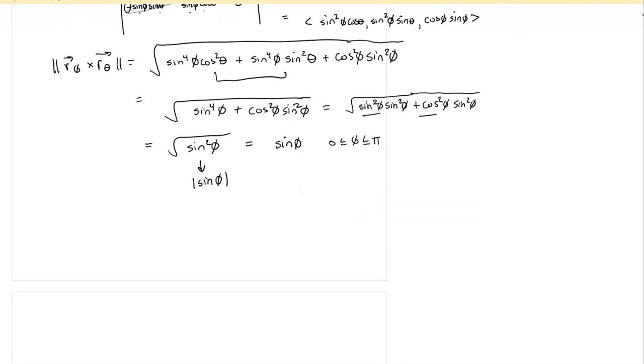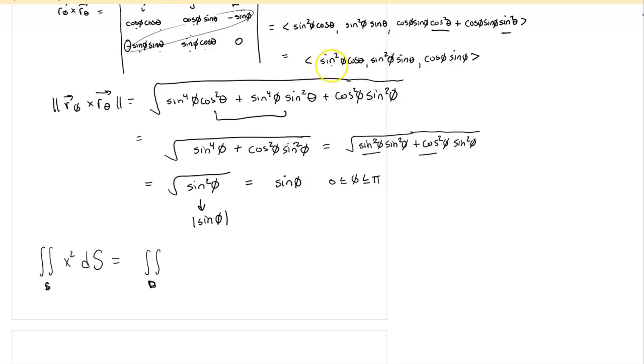So now that we finally got this cross product, we can take our surface integral over S of x squared dS and rewrite this as the double integral over our parametric region D. What is x?